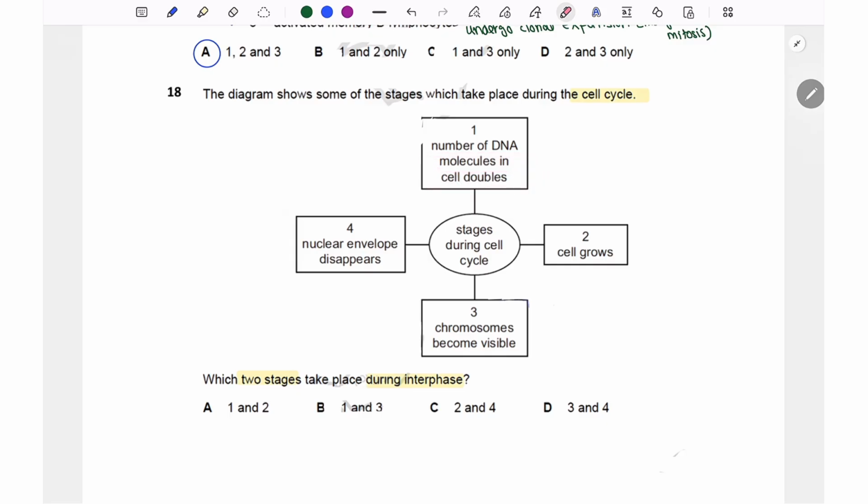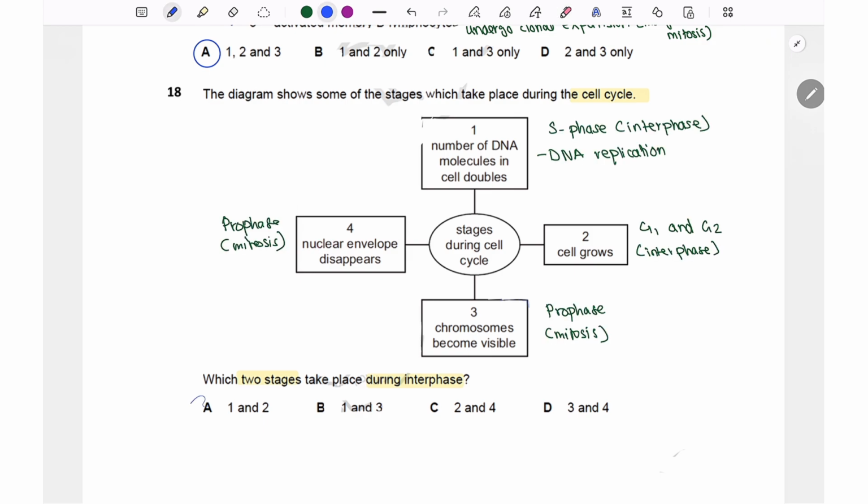This happens during S phase of interphase. Cell grows, this happens in G1 and G2, which is again part of interphase. And 3, chromosomes become visible. This happens in prophase, which is part of mitosis, so not this. And 4 is nuclear envelope disappears. This happens again in prophase, which is in mitosis. 1 and 2, that's A.